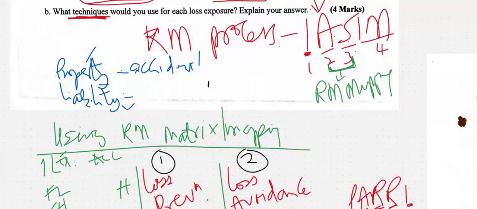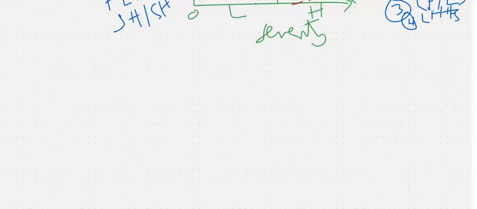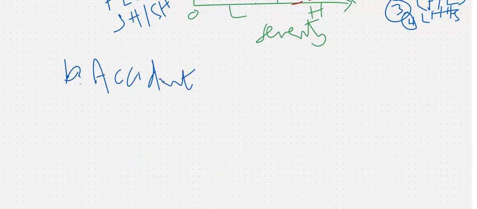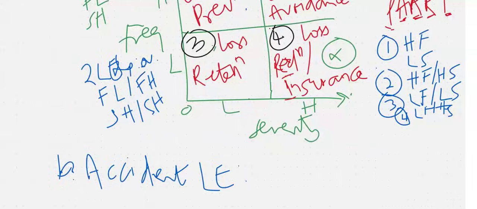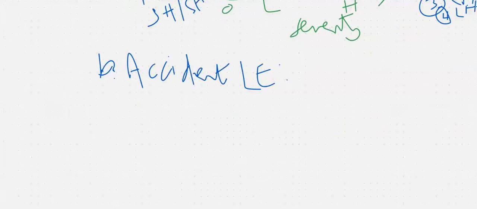So you write here accident loss exposure. I'm using LE for loss exposure. Technique. What technique are you going to go for? It has a low frequency, high severity. What technique will you go for? Insurance. You can go for insurance.